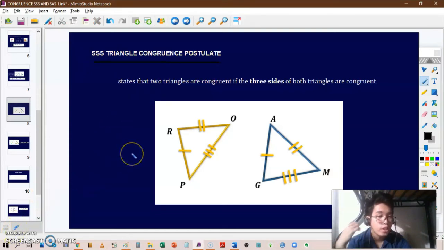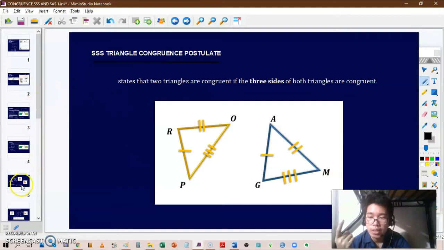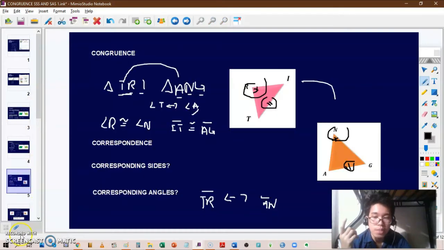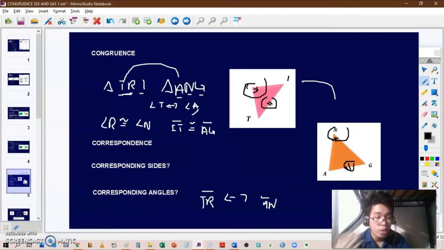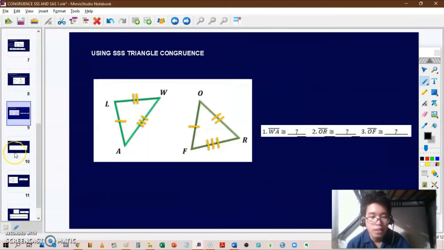Since we already know the properties of equality, and we also established the CPCTC, or the congruent parts of congruent triangles are congruent postulate, and we know that if two triangles are congruent, their corresponding parts are also congruent, we can tackle the SSS triangle congruence postulate with so much ease, because we already have a good foundation about this topic.